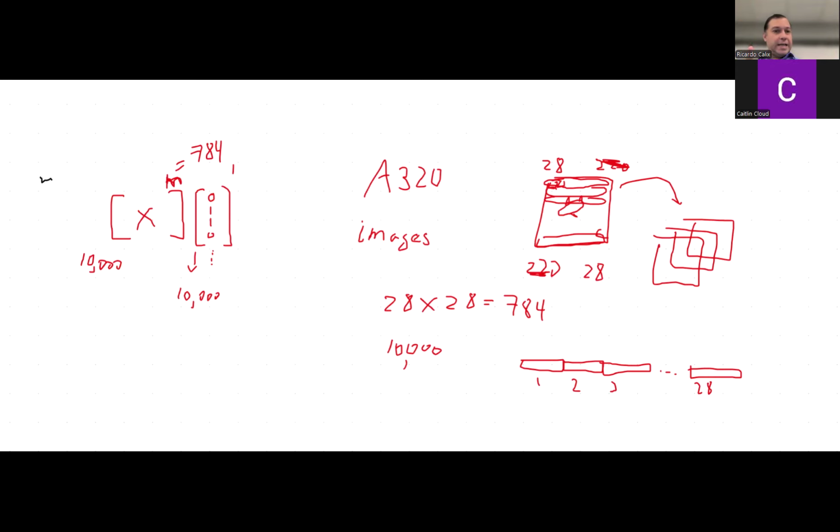Then you collected 10,000 of those. Now the best way, I guess, because it will be exact, is to hire a person to look at these 10,000 pictures and say, oh yeah, that looks like an A320, and that looks like a helicopter, so it would just be the other class.